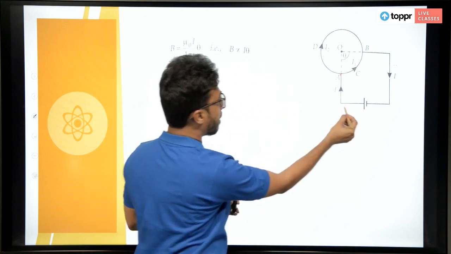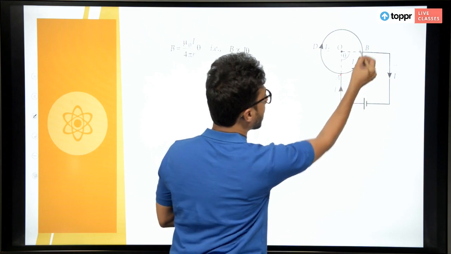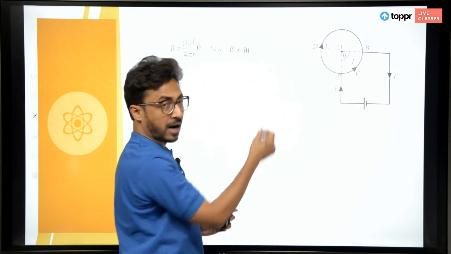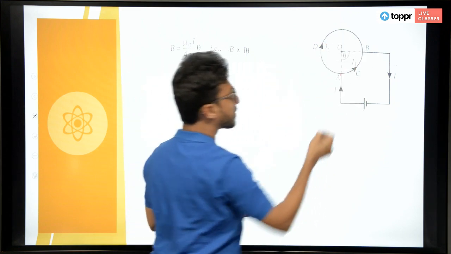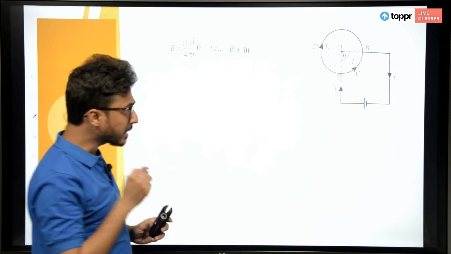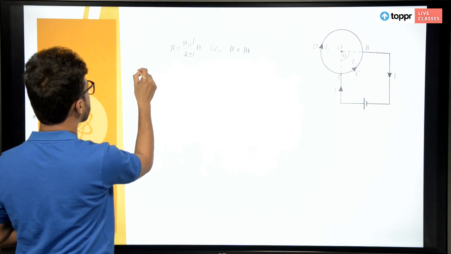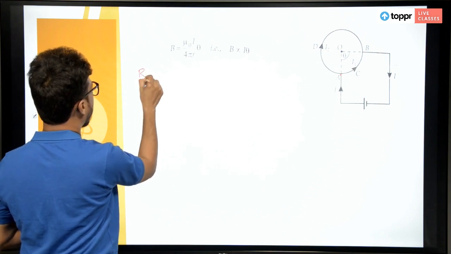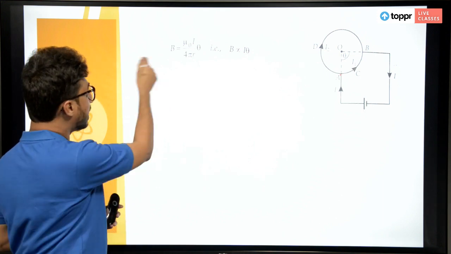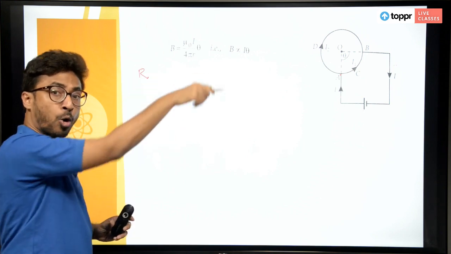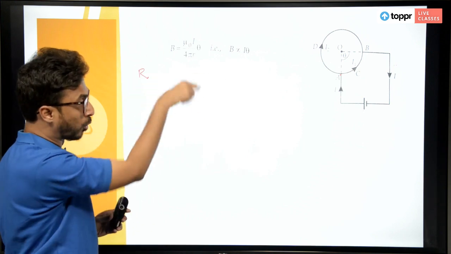Now see, because of this battery, say I1 current is flowing through this arc and say I2 current is flowing through this arc. The resistance R is given as R, the resistance for the whole conducting wire.